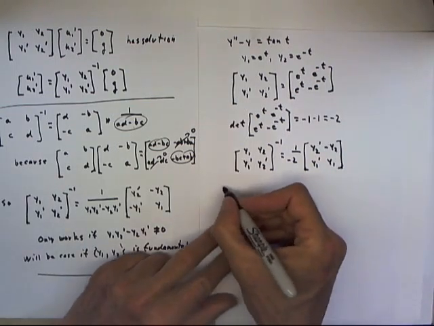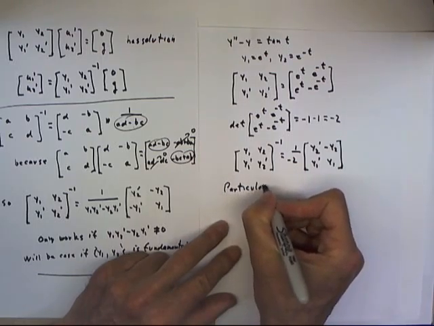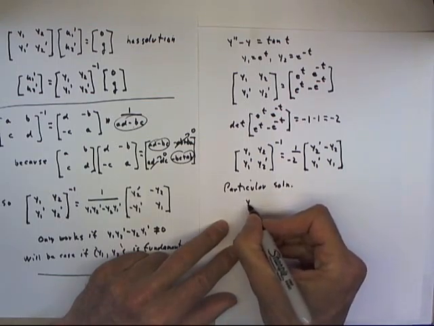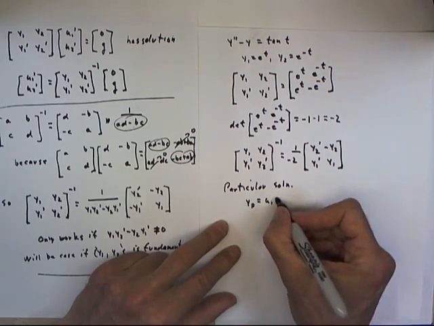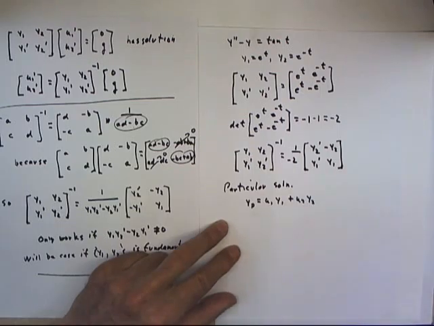And the significance of this is our particular solution is yp equals u1 y1 plus u2 y2.